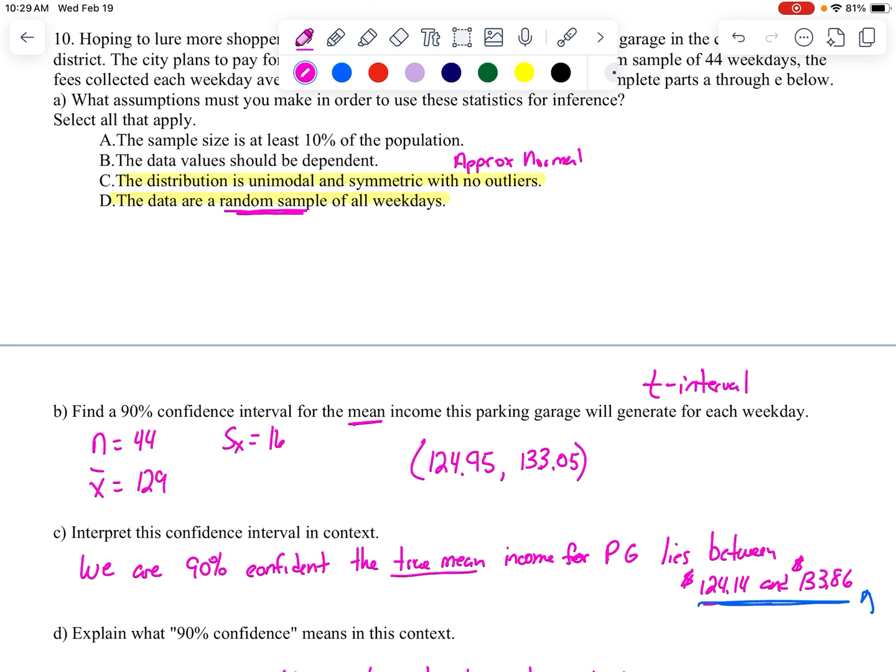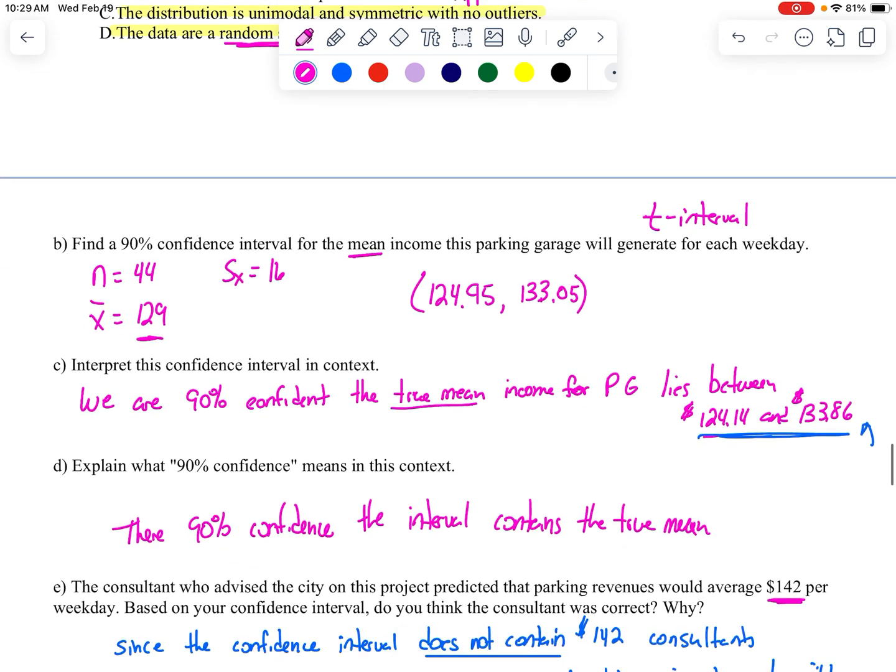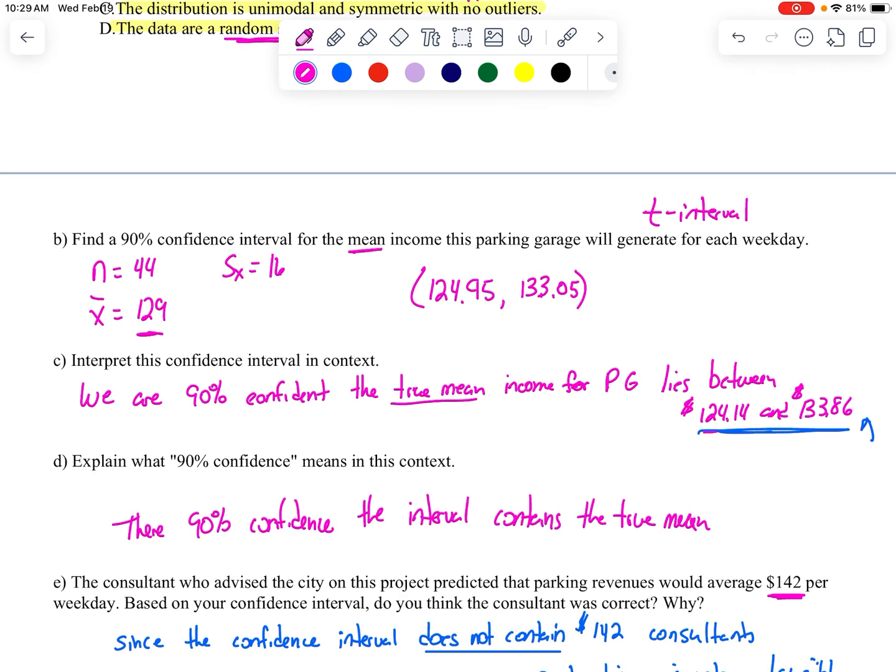Anyway, again, the process works exactly the same. There was a mean in the middle. The mean in the middle is 129, and then we had a margin of error each direction. Again, talking about what that is, we're 90% confident that the true mean income for the parking garage lies between 124.95 and 133.05.